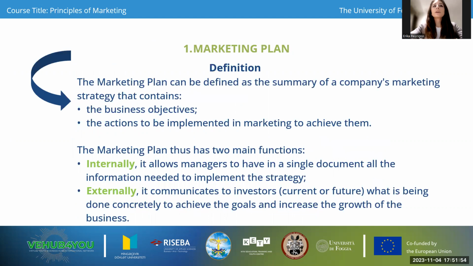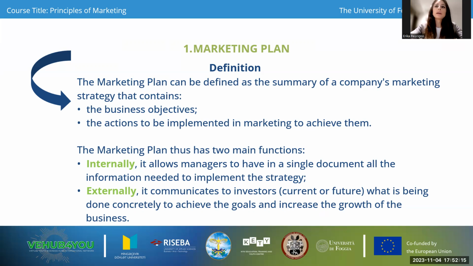First of all, the marketing plan can be defined as the summary of a company's marketing strategy that contains the business objectives and the actions to be implemented in marketing to achieve them. The marketing plan thus has two main functions.